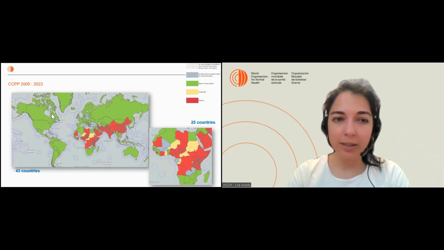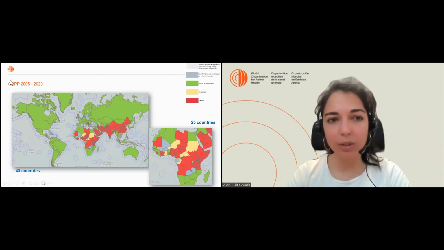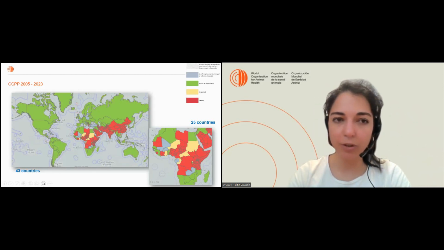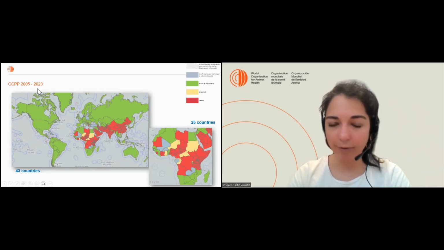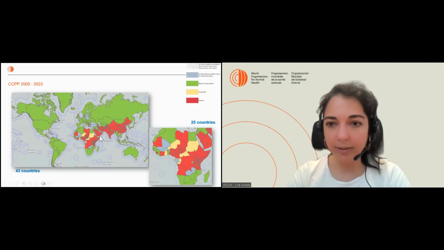And now we're showing similar maps for CCPP. So in the world, in total, we have 43 countries which reported presence or suspicion of the disease to WOAH since 2005. So again, in Africa, Middle East, Asia, and you can see also a bit in Southern Europe, some events.